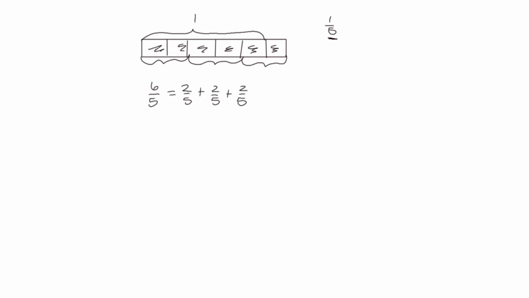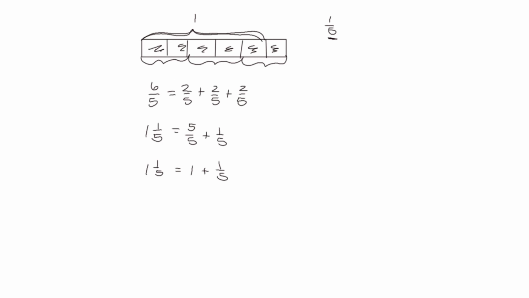I could also write this as 1, since the 5/5 is 1, and then there's 1/5 left over. So my 1 1/5 could be written as 5/5 plus 1/5, or 1 1/5 is equal to 1 plus 1/5.